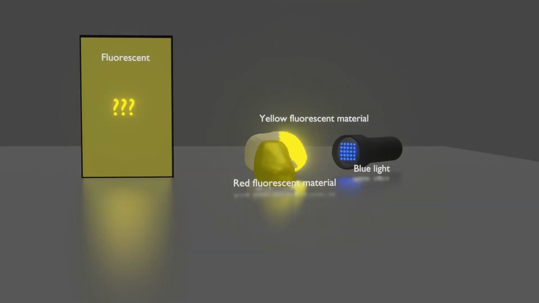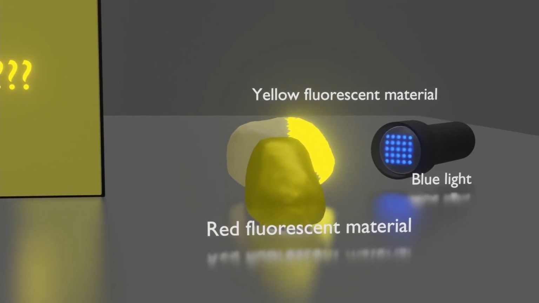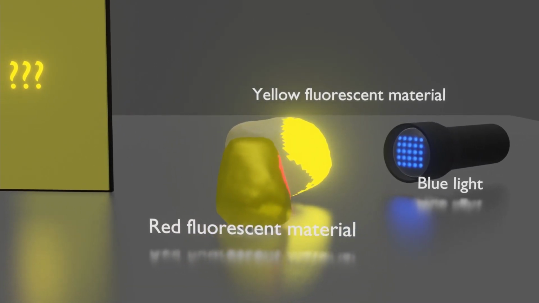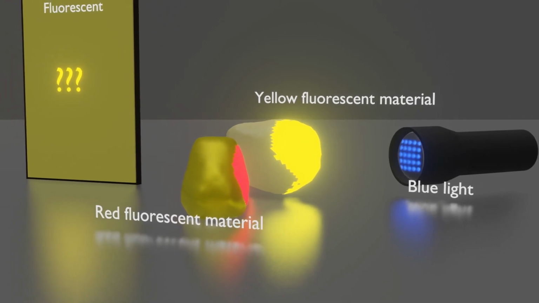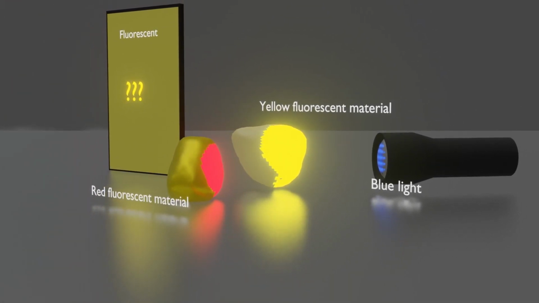The characteristic of such a fluorescent material is that it absorbs light of a shorter wavelength and re-emits light with a longer wavelength than the absorbed light. You can adjust the emission wavelengths by changing the composition of the fluorescent material.